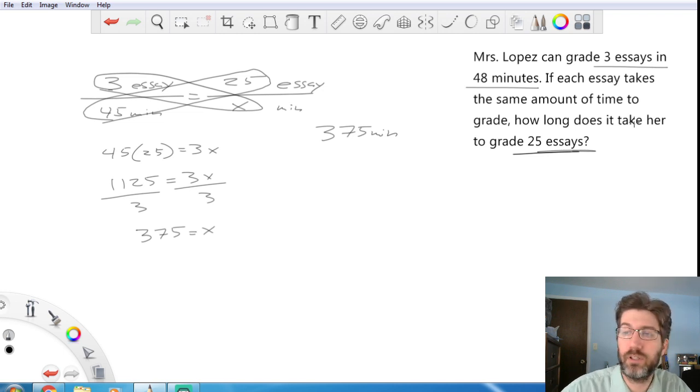Oh, it does say 48, not 45. So yeah, sorry. If this was 45, sorry, Sarah, that would be the answer. Instead, this is a 48. So how does that change things? That becomes an 8.